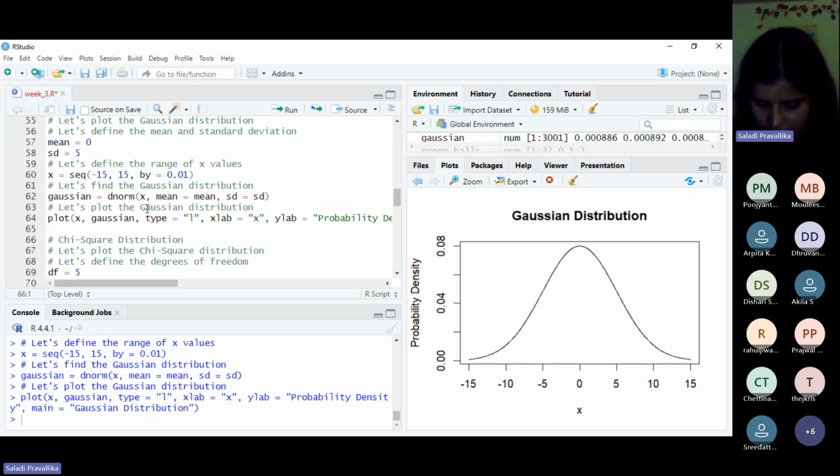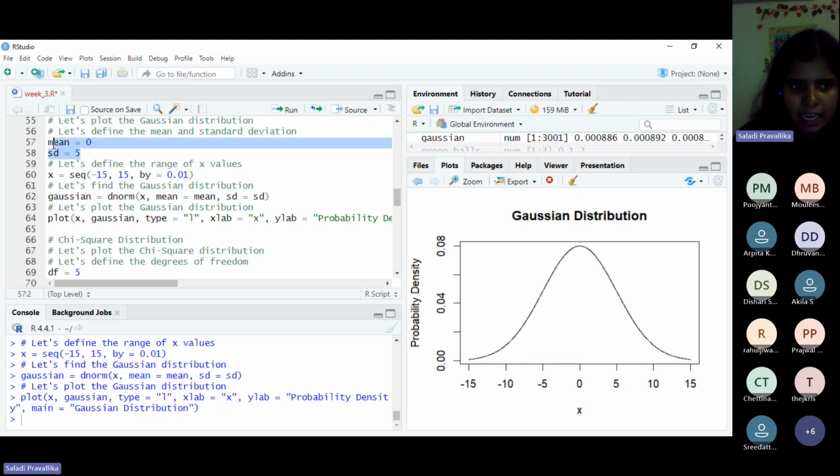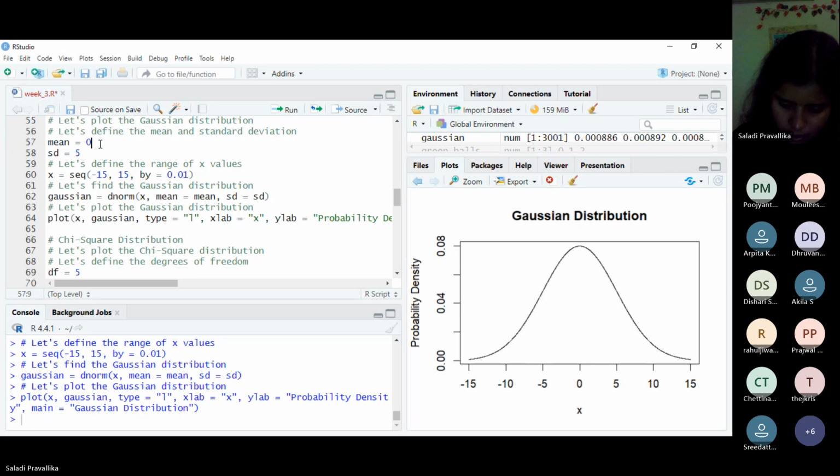What difference have you seen? Yes, exactly. Amazing. The spread has become larger here, right? So by changing the mean and the standard deviation, the entire distribution is changing. Therefore, we call the mean and the standard deviation the parameters of this Gaussian distribution, right? Is it clear?